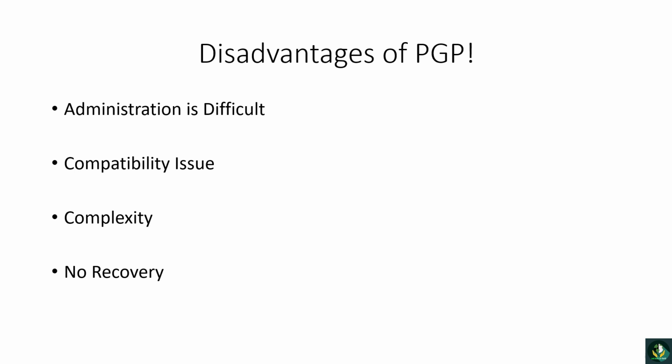PGP is a complex technique. Other security schemes use symmetric encryption that uses one key, or asymmetric encryption that uses two different keys, but PGP uses a hybrid approach, and it is less familiar than the traditional symmetric or asymmetric methods.